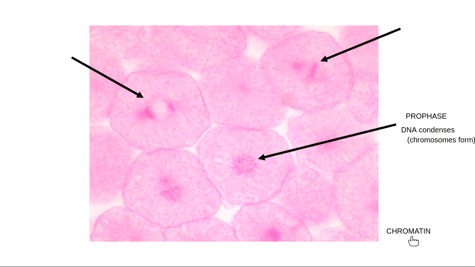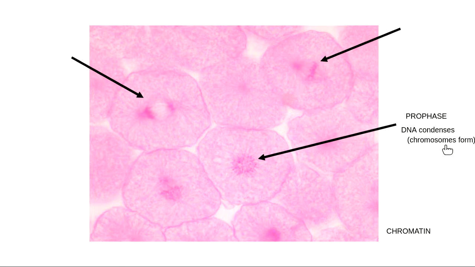So chromatin, great for transcription and translation. Chromatin, not great for dividing into new cells. So we form chromosomes, which are those X-shaped forms of DNA. We form chromosomes when we are in the phase of mitosis called prophase. So the first thing that happens in prophase is I make chromosomes.